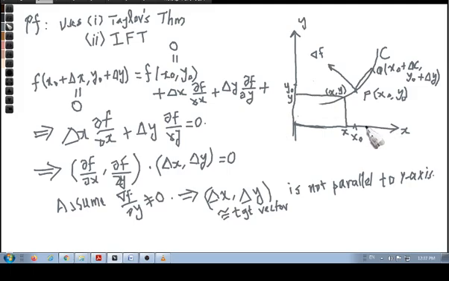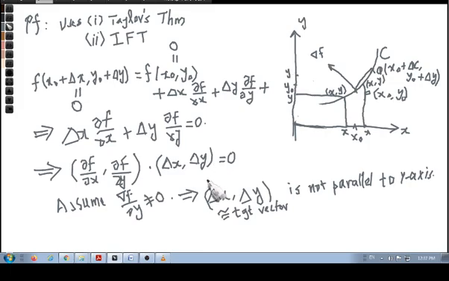If x happens to be here, (x, y) will be here, and your y will be here.